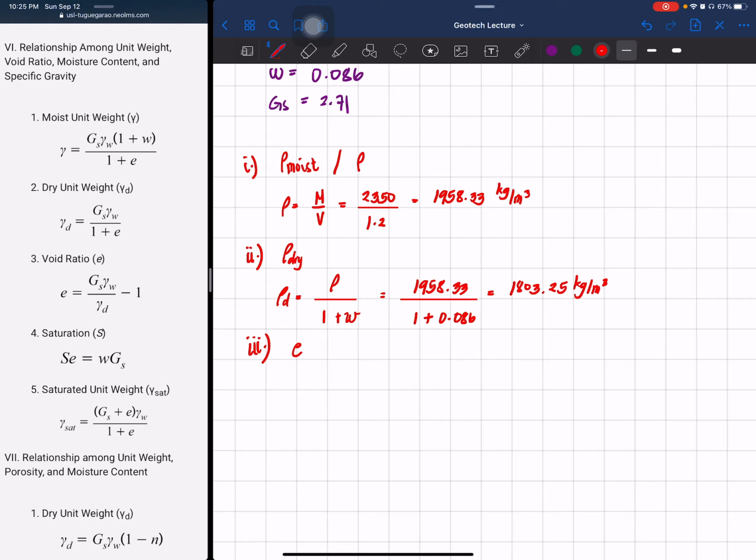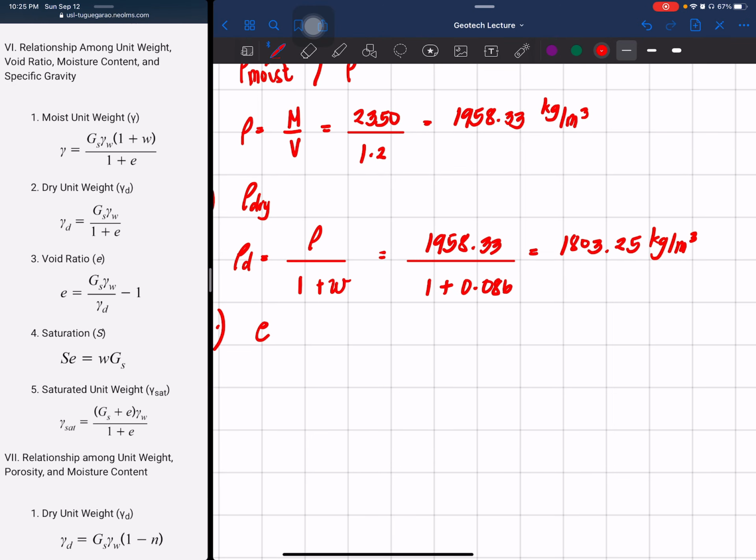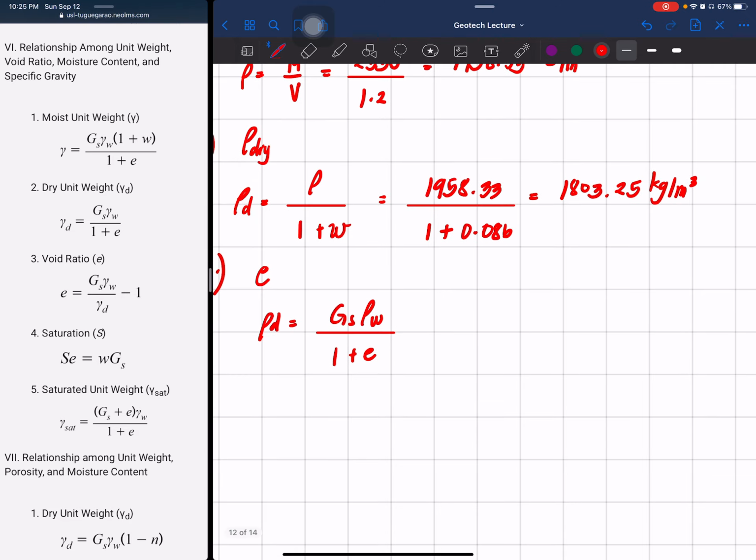So I'm gonna put it here. Rho dry is equal to Gs, because we have the Gs, then replace the gamma with rho water, all over 1 plus e.